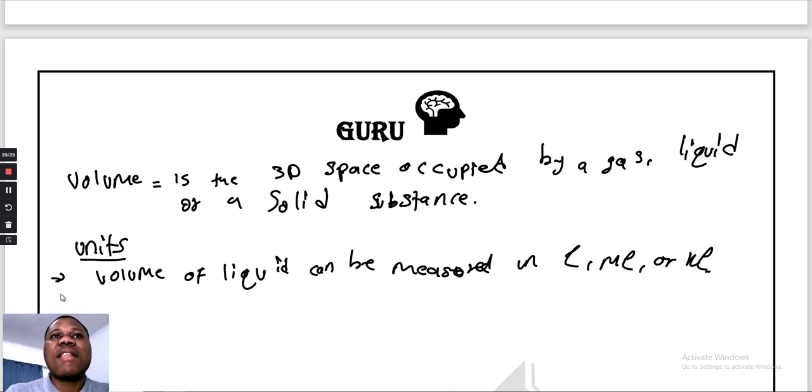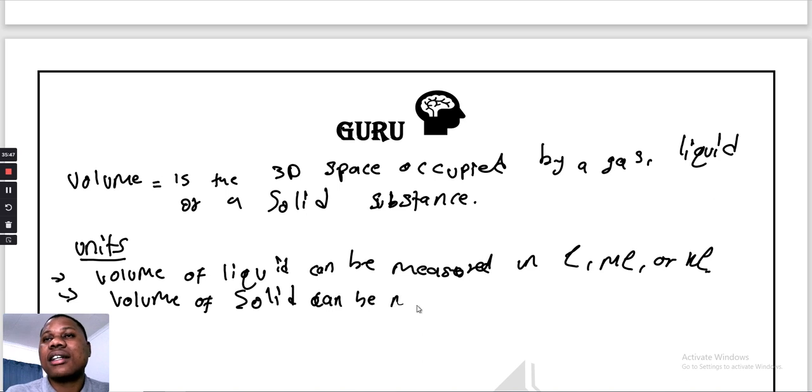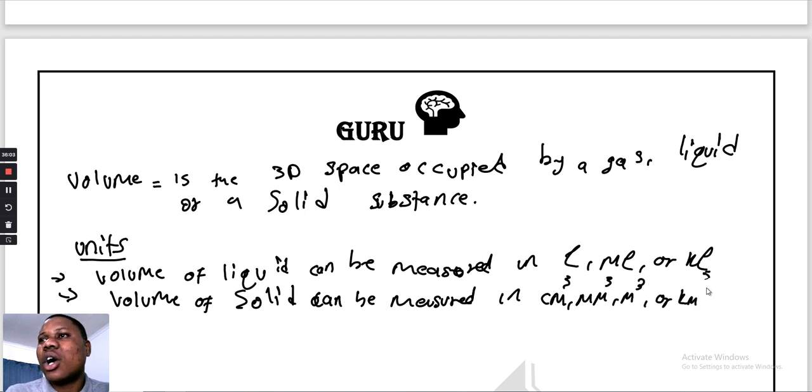Okay, but a volume of a solid can be measured in centimeter cubic, millimeter cubic, meter cubic, or kilometer cubic.